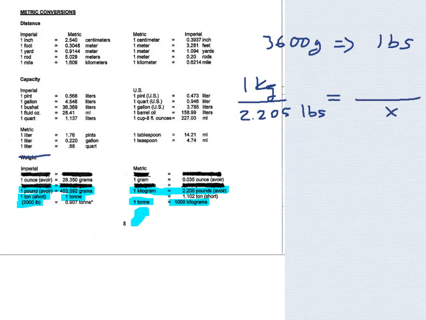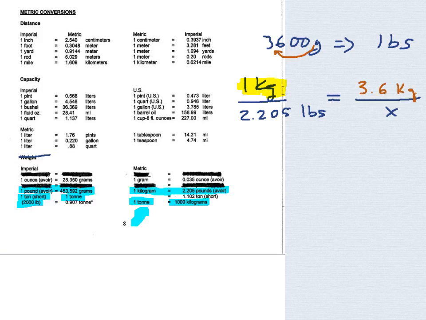So straight away, you would recognize you can't put kilograms on the top on one side and grams on the other side. You got to change one to the other. So I would recommend that you take your 3,600 grams, convert it to kilograms. So grams to kilograms, you're going to divide by 1,000. That's the equivalent of saying 3.6 kilograms.